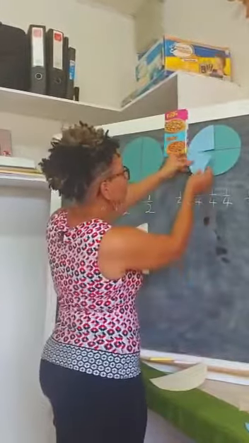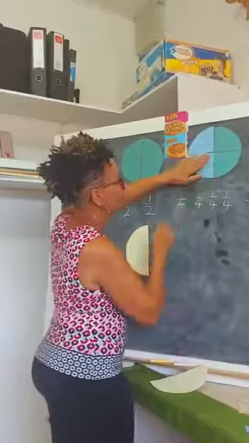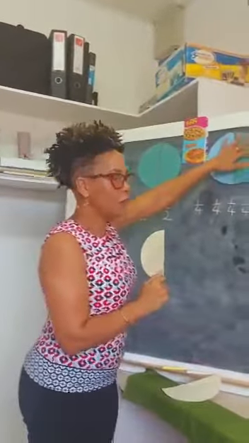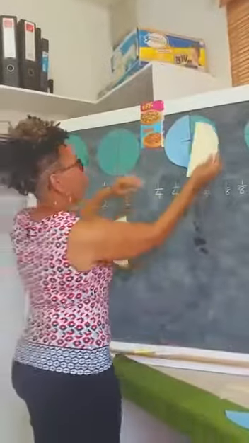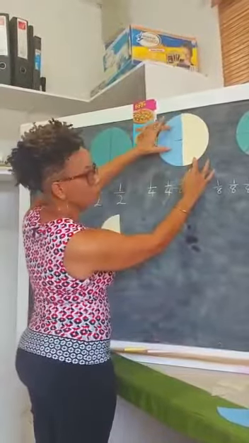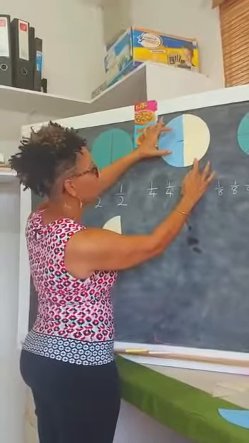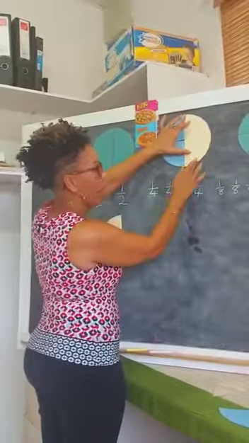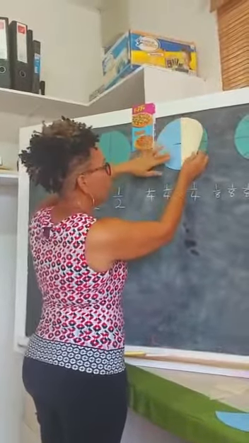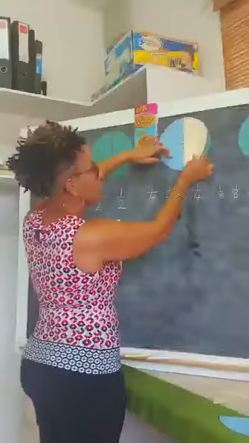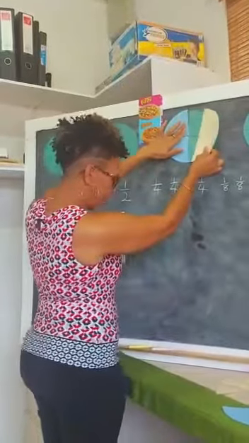So two pieces here would be 2 parts out of the 4 parts. And here we see our 2 1/4s are equal to our half. So we can conclude that 2 quarters are equivalent to 1/2.